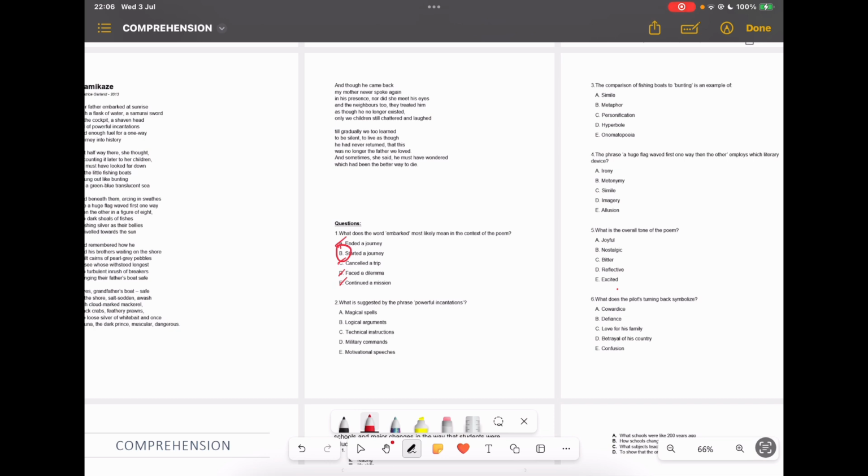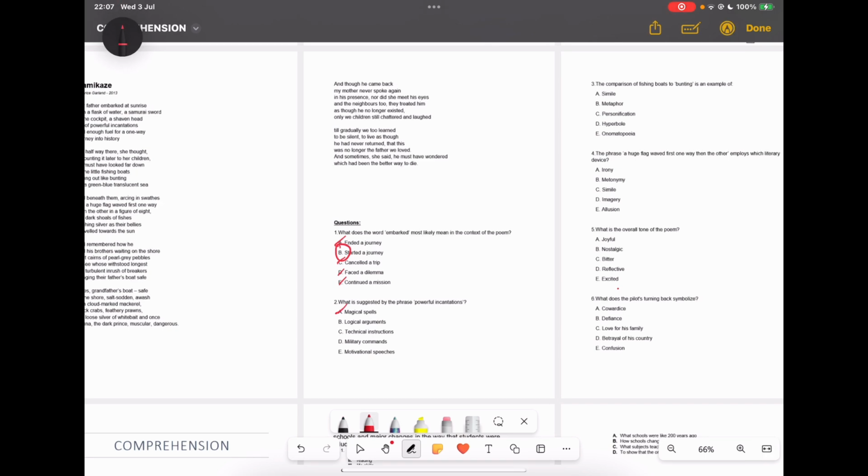So powerful incantations, A, magical spells, B, logical arguments, C, technical instructions, D, military commands, E, motivational speeches. Well, first we need to think about what an incantation actually is. So an incantation means, well, it's like part of a magic spell.